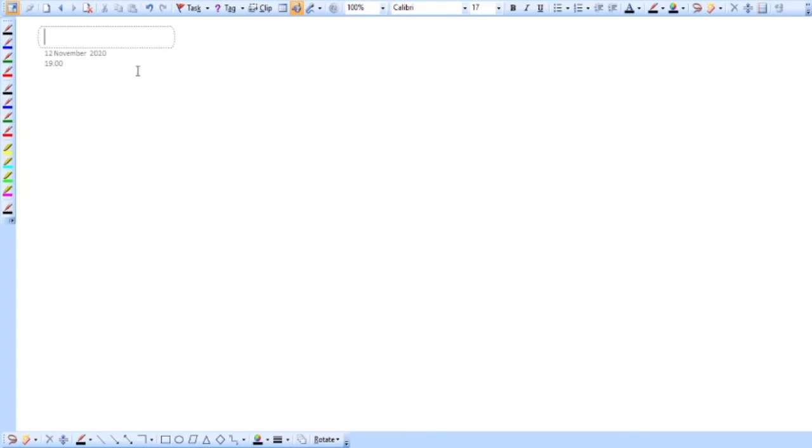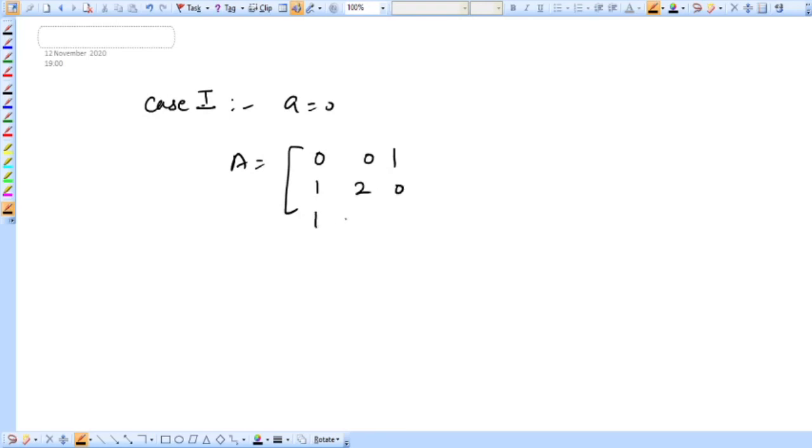See here, case 1, a is equal to 0, therefore the matrix would become 0 0 1, 1 2 0, 1 2 3.